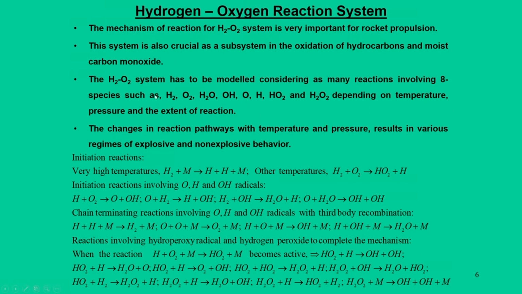So, this is the very basic bottom line of these H2-O2 systems. If you look closely at these H2-O2 systems, there are many reaction species, and in particular about 8 important species: hydrogen, oxygen, water, OH radical, oxygen atom, hydrogen atom, HO2, which is another compound, and H2O2.